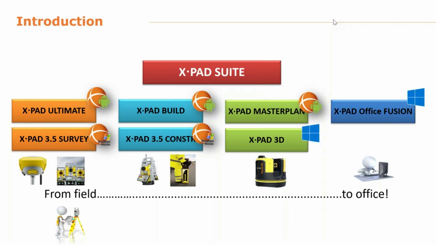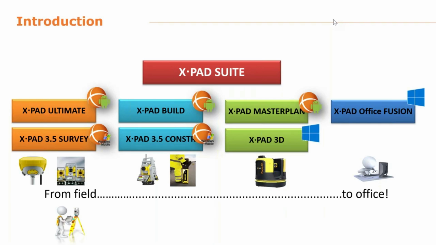Also, we have our XPAD Office Fusion. That's our office software. It's very powerful. It's able to incorporate all of the instrument information. You can import information from your total stations, also your GPS receivers. Also, you're able to import information from a 3D scanner.